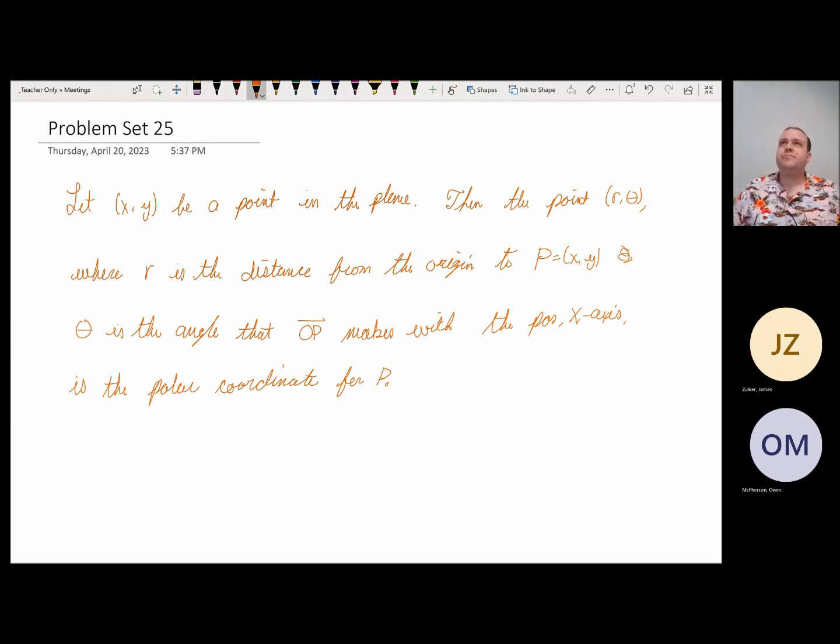Polar points. Ordered pair of r, theta. Right, so call the point P. R is the distance from the origin to the point. Theta is the angle that the line segment OP makes with the positive x-axis. Assuming O is the origin.